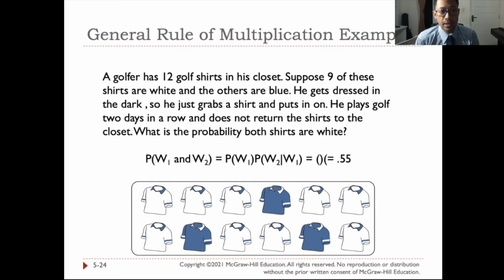The probability that the first shirt is white is 9 over 12, and the probability that the second shirt is white conditional on the first being white is 8 over 11. So it's 9 over 12 multiplied by 8 over 11, which is 0.55. Okay.